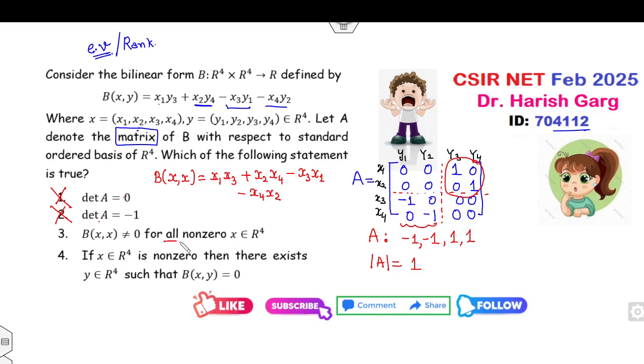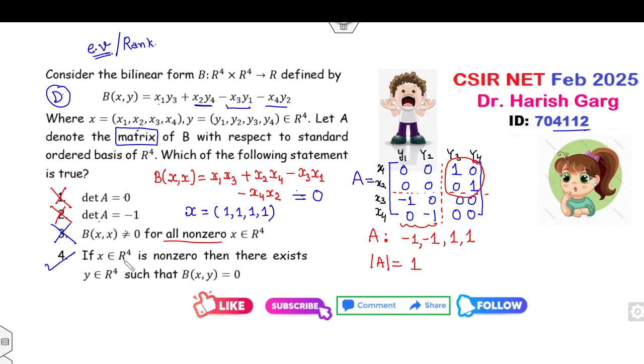It is non-zero for all the non-zero values of x. That's wrong. If you simply choose the value of x as 1, 1, 1 and 1, what is the answer of this B of x comma x? It will be 0. But he said non-zero. That option is cancelled. Only left behind, D is the right answer.